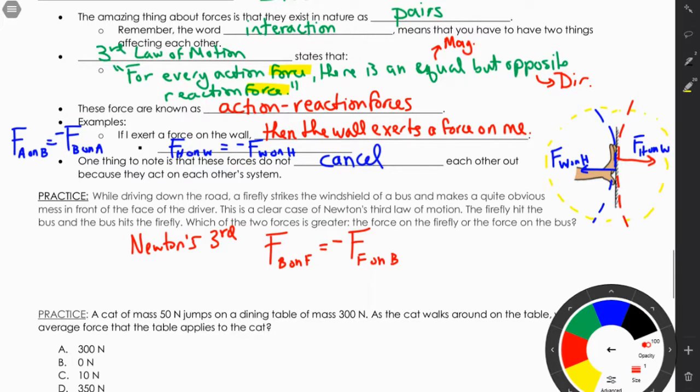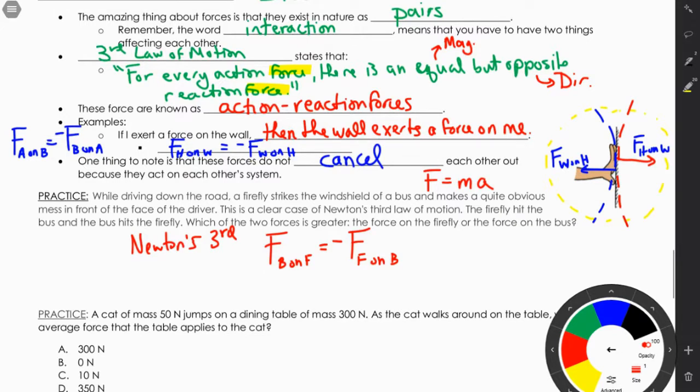Now, this is what's really different. Sorry about the bell. What's really different here, and we'll get into it when we talk about Newton's second law, is not the force, but the acceleration, right? And that comes from the formula. I'll give you a quick preview of the second law formula. F equals ma, okay? And so what happens if I look at the bus and the firefly?